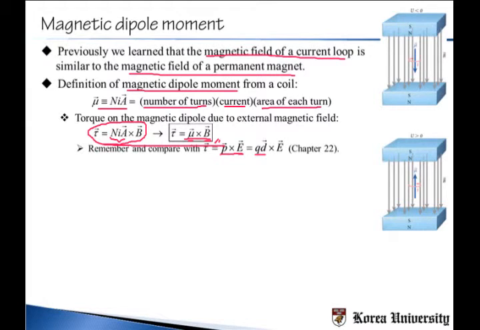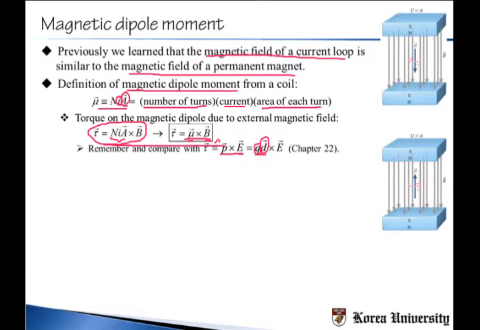So now when you compare the electric dipole moment and the magnetic dipole moment, instead of Q in the electric dipole moment, you have I, the current, in the magnetic dipole moment, and instead of the displacement vector, you have an area vector in the magnetic dipole moment.